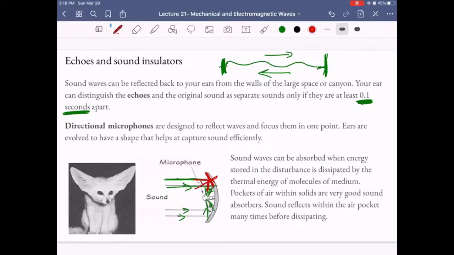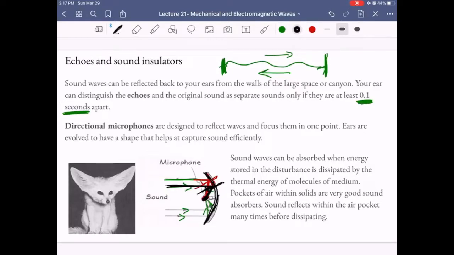So the design of those helps reflect it in the right direction so that it's focused on one point. Let me do one more example. This ray or wave, if it's a sound wave, it could be light as well, is reflected in such a way that we redirect it into the middle here, like that. So this microphone would function much better than if it didn't have this part that's reflecting sound waves.